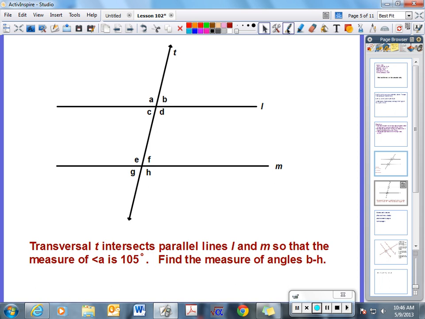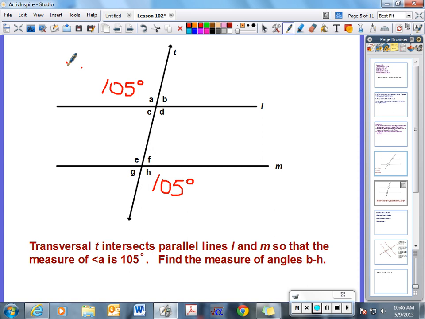Alright, so if I have a transversal line T that intersects these 2 parallel lines, and I know that the measure of A is 105 degrees, we should be able to find the measures of the other 7 angles. Alright, so let's start with an alternate exterior. Alternate exterior to A would be which angle? It would be angle H. So we know that's 105 degrees.